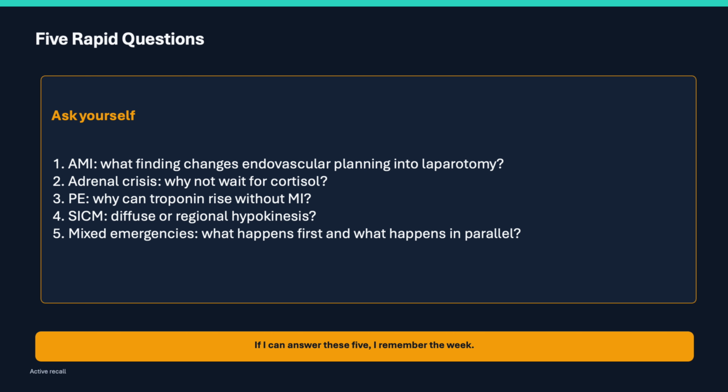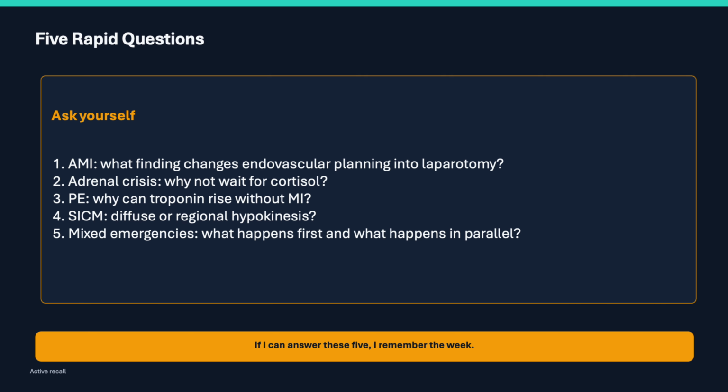Which pattern more strongly supports sepsis-induced myocardial dysfunction, diffuse or regional hypokinesis? Diffuse or global dysfunction is more consistent with sepsis-induced cardiomyopathy. Regional dysfunction raises greater concern for coronary ischemia.